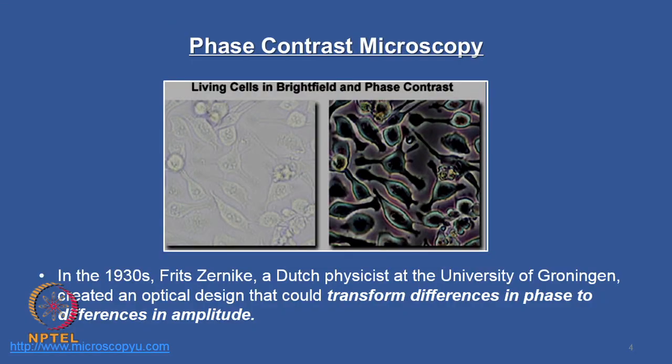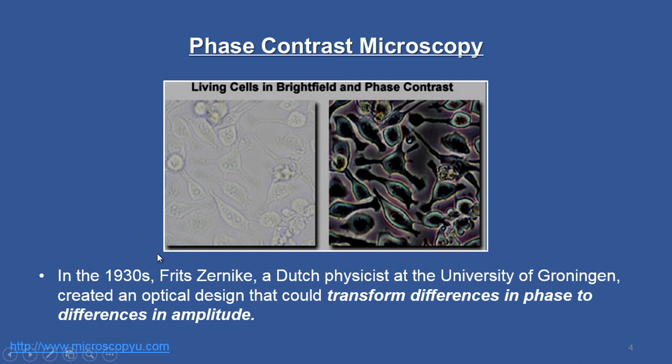So, now let us see what are the principles. Let me begin with this slide. This is again a very nice micrograph taken from this website. I just brought this to give you the idea of what kind of contrast enhancement one gets when you go to the phase contrast microscopy.